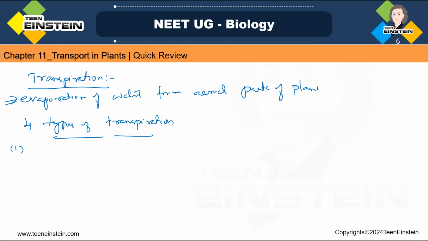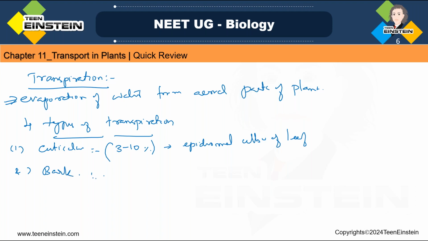First one is cuticular transpiration, and this is 3 to 10 percent, and that occurs through the cuticle or epidermal cells of leaves. It's happening through the cuticle or the epidermal cells of leaves, and it is around 3 to 10 percent.